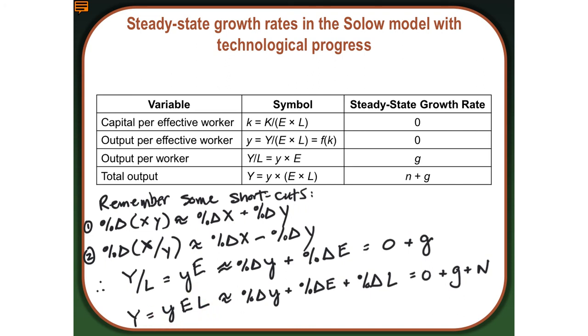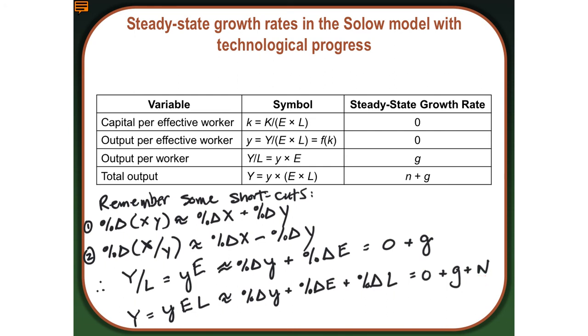We can break it into the percentage change in little y plus the percentage change in E plus the percentage change in L. Again, this is 0 for the output per effective worker. The technological growth is rate G, and then we add that to the growth in population, which is N. So total GDP is growing at rate G plus N.